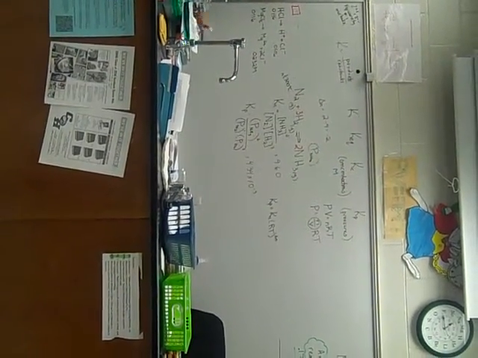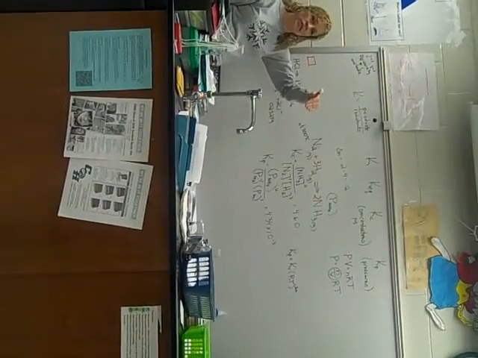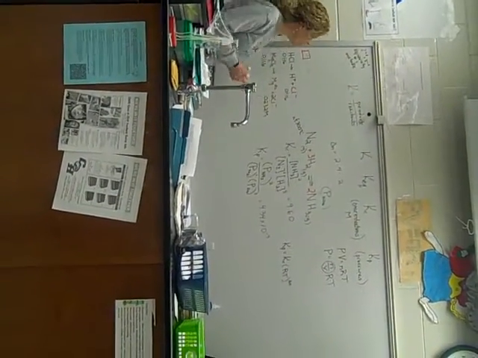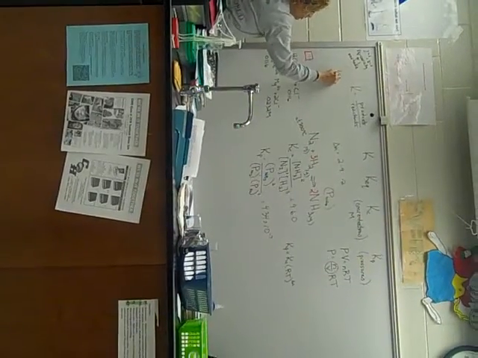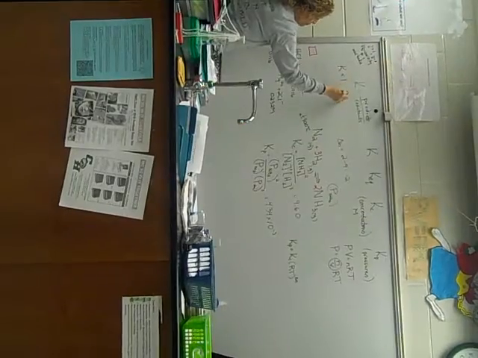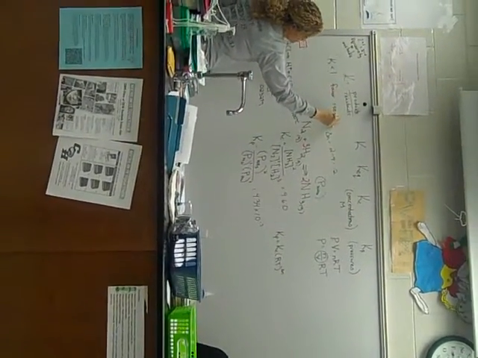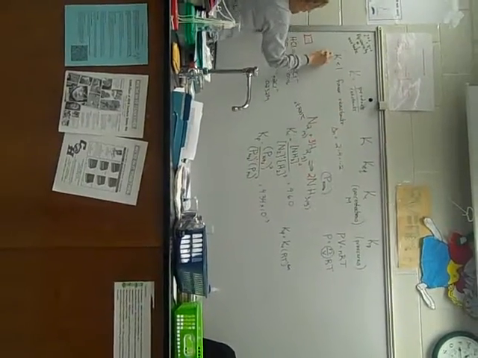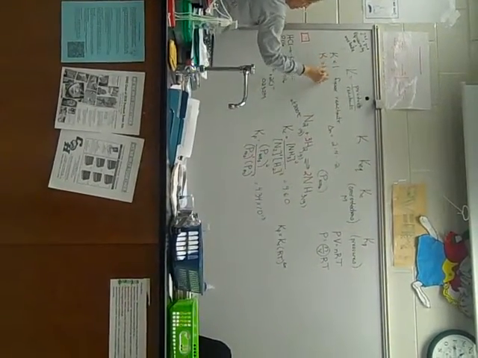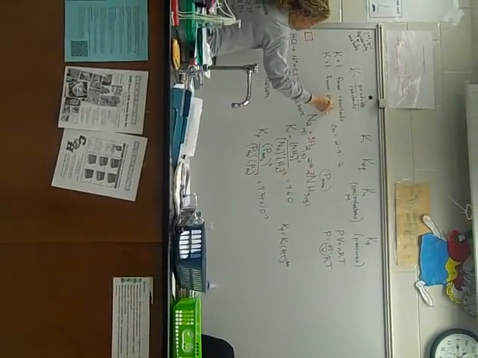Where are reactants? In the denominator. So if your denominator is bigger than your numerator, you're going to get a number that's less than 1. So in general, K values less than 1 favor reactants, and K values that are greater than 1 favor products.